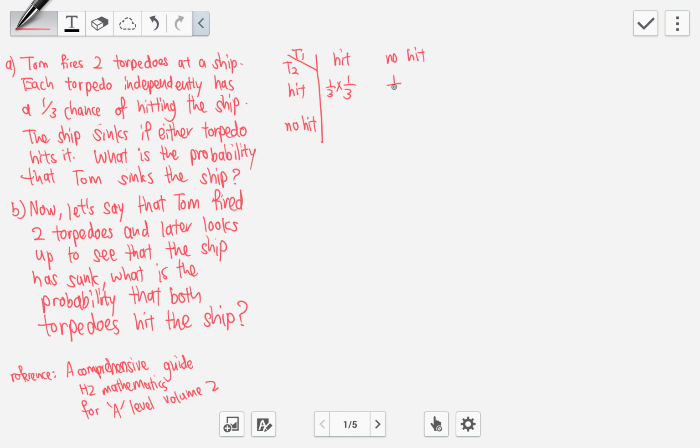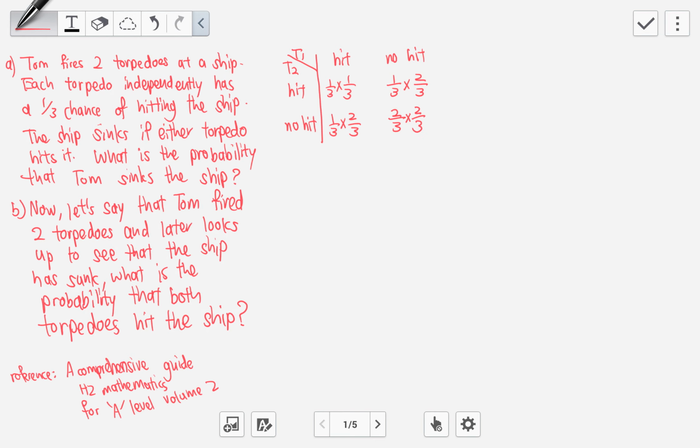So the probability is 1/3 times no hit, 2/3, for the other one, right? And for this case, one is hit and the other one is not hit as well, and the third one is both do not hit.